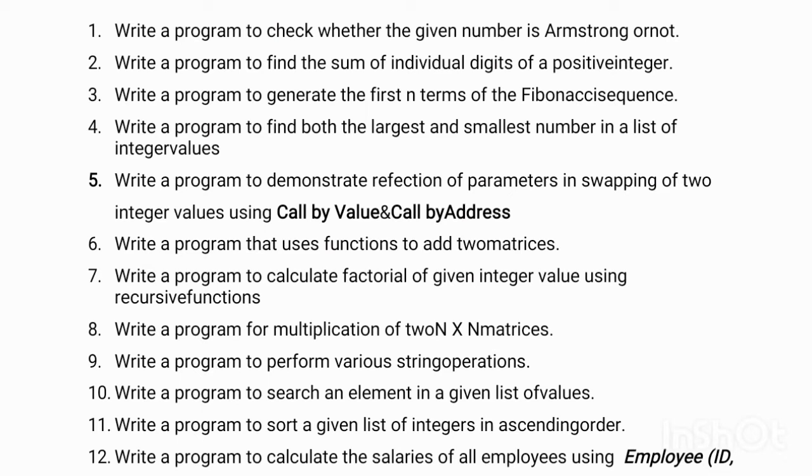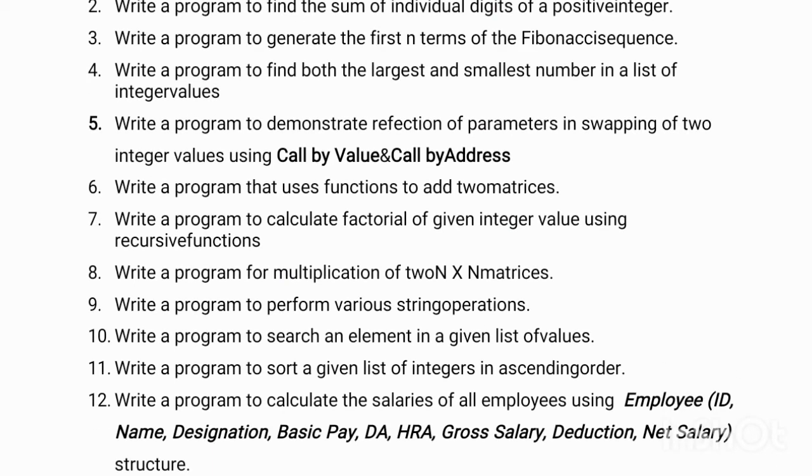Multiplication of two n by n matrices. Next, perform string operations. Search an element in a given list of values. Next, sort a given list of integers in ascending order. And the last program is calculate the salaries of all employees using employee ID, name, designation, basic pay, DA, HRA, daily allowances, house rent allowances, gross salary, deduction, net salary.